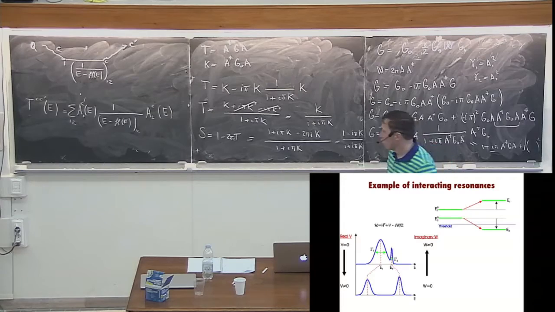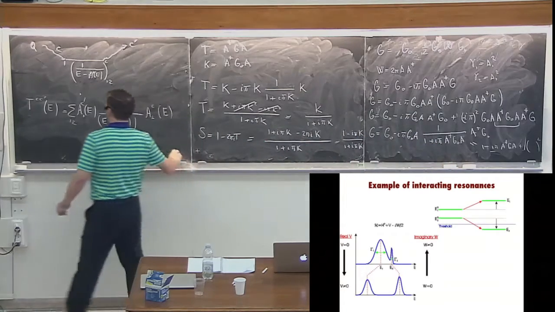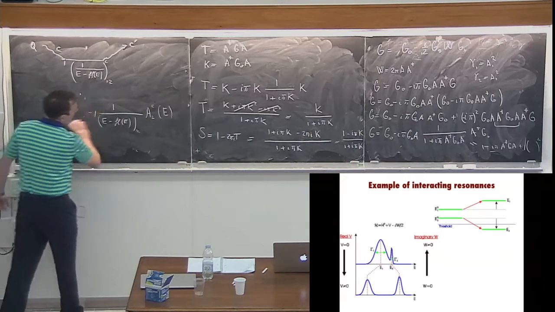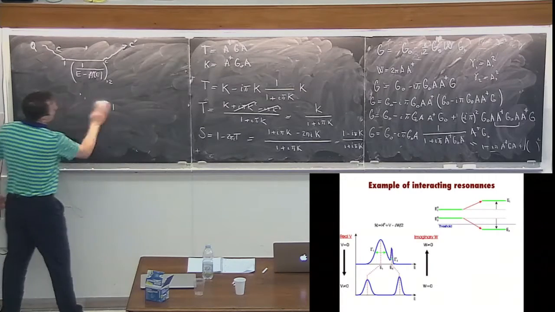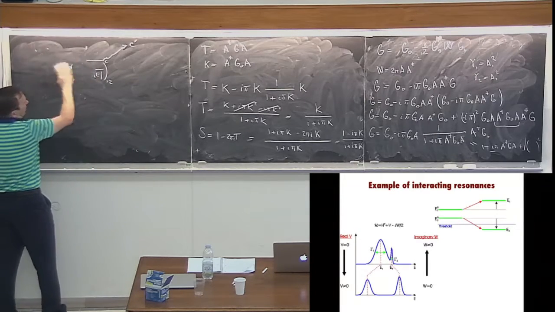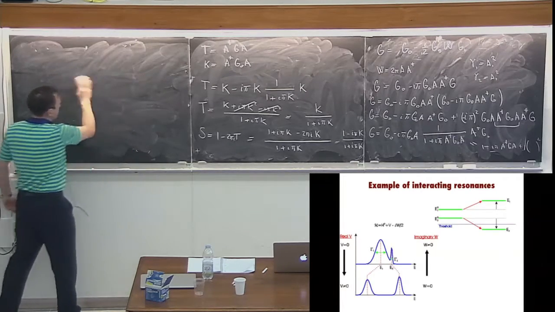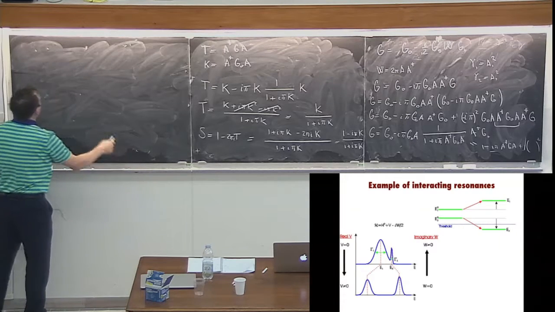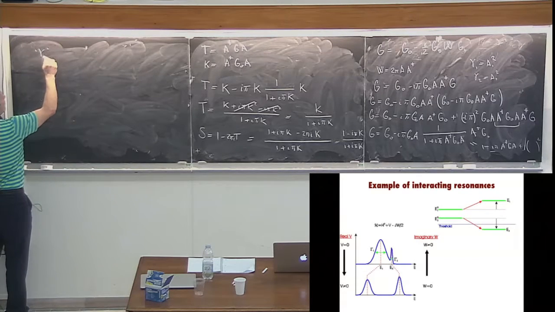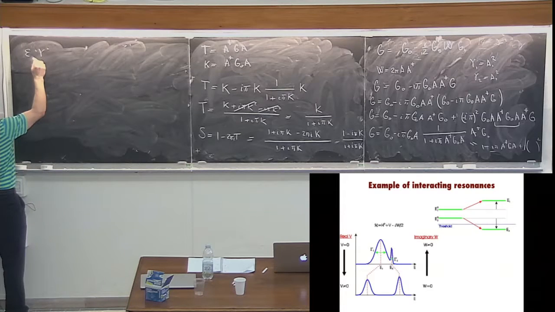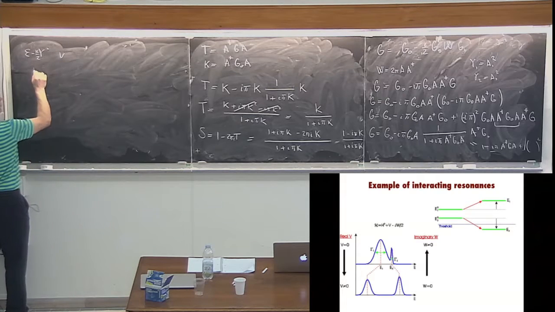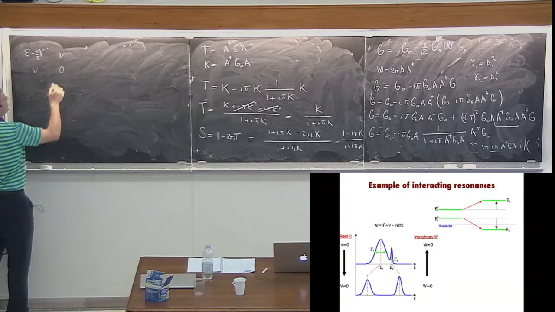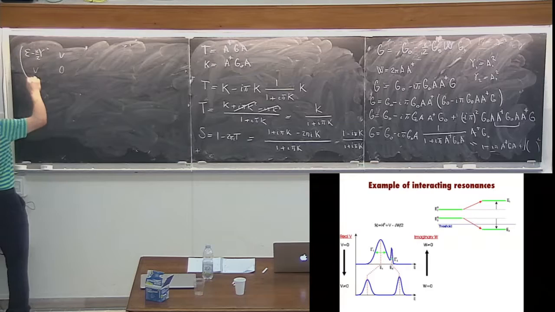Actually, I can show you that briefly in a simple demonstration. All of this can be done analytically with the general matrix, but if you think in a simple way, I have a matrix with energy E minus i over 2 gamma for the first state, then some interaction V, and let's put the other state at 0. This is going to be my matrix.